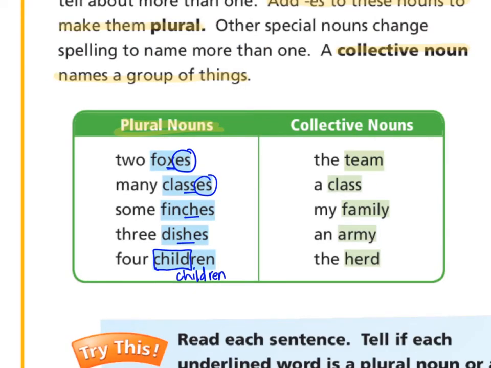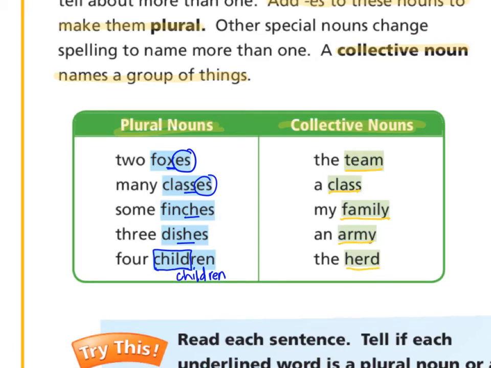Now on the other side of this chart, we have collective nouns. Go ahead and say that. Collective nouns. These nouns name a group of things. The team, a class, my family, an army, the herd.